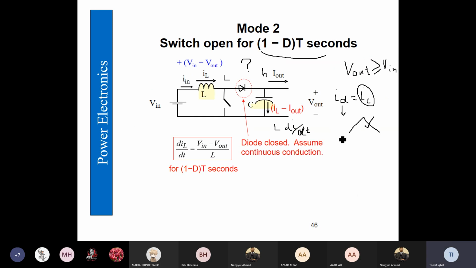So therefore, diode current would be like this: 0 when the switch is closed, and when the switch is open the diode current becomes a spike like this for (1 minus D) times T. Okay, so during this time, energy is transferred from inductor to capacitor.